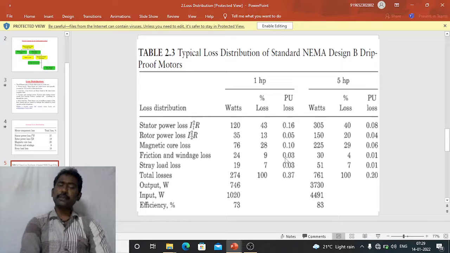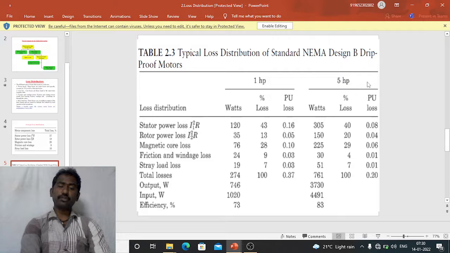And next, the typical loss distribution for NEMA, the National Electrical Manufacturers Association, design B and design A. These are the parameters for 1 horsepower, and these are the parameters for 5 horsepower, with the percentage of losses and the amount of losses.